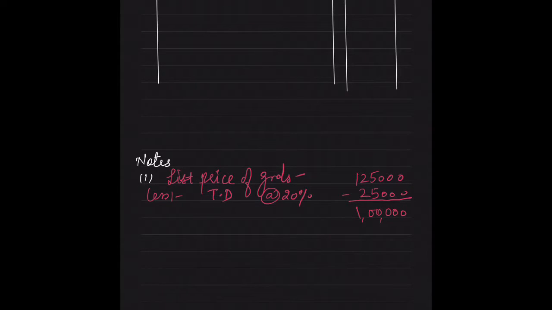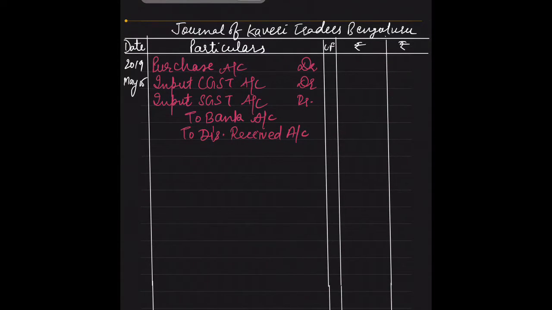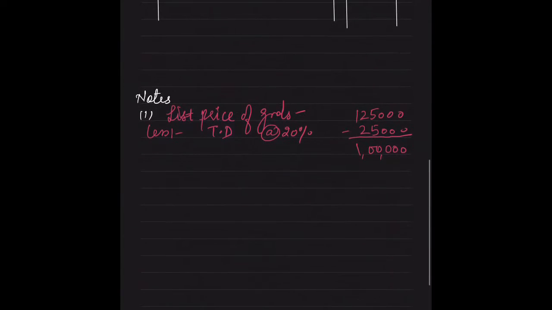Now we consider the purchase as 1 lakh. After that, add CGST at 6% and add SGST at 6%.